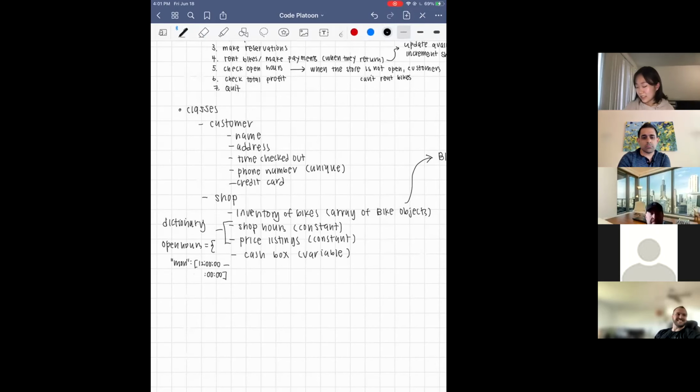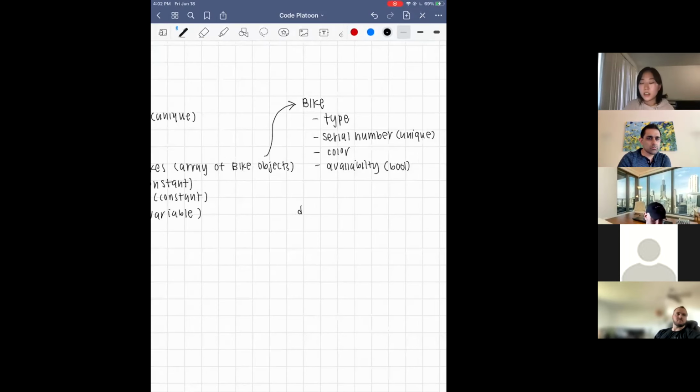And one thing to note, this is just a little tip on the side, is that Python has a module called datetime. It allows you to calculate the date and time right now, or create your own date and time variable.